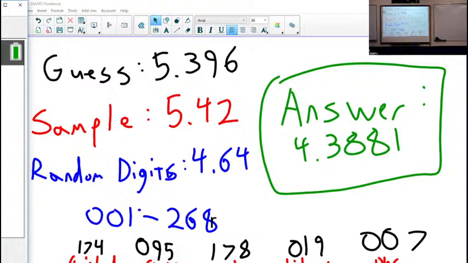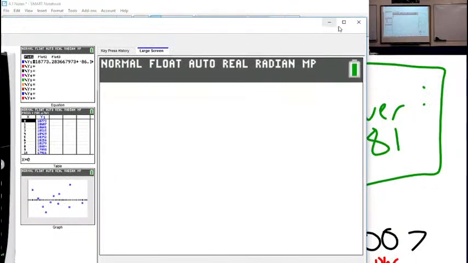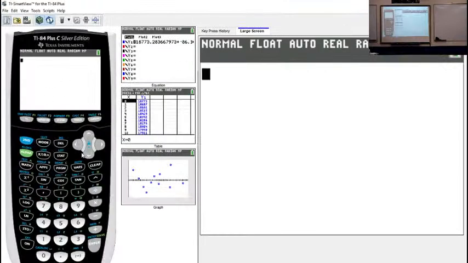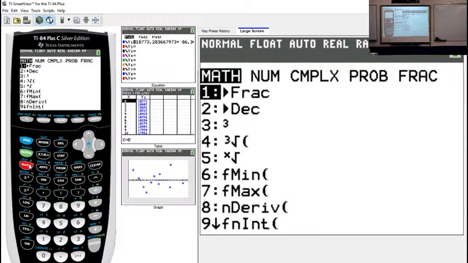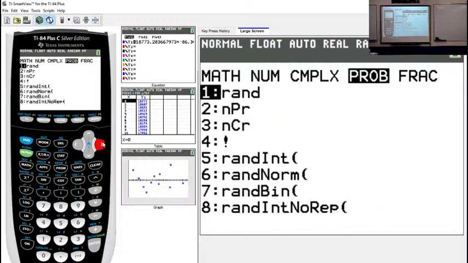Do this in the calculator. To do this in the calculator, you would go to math, and I'm going to go over to, this is considered a probability idea.